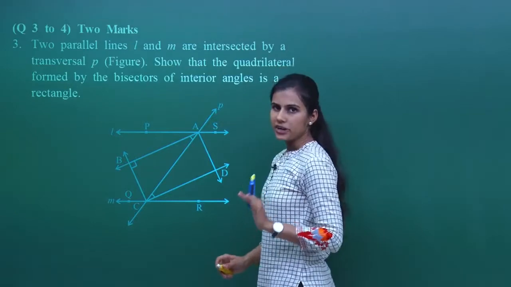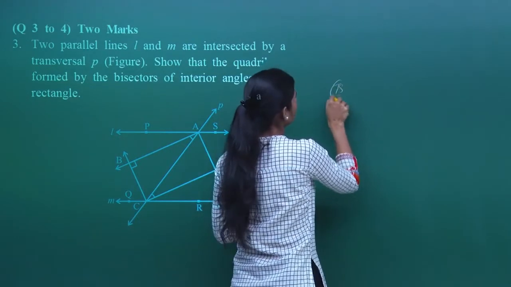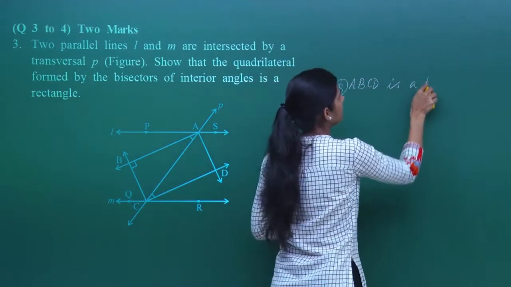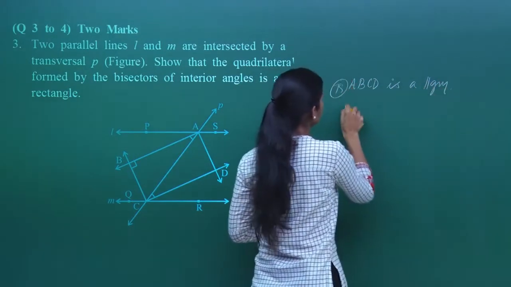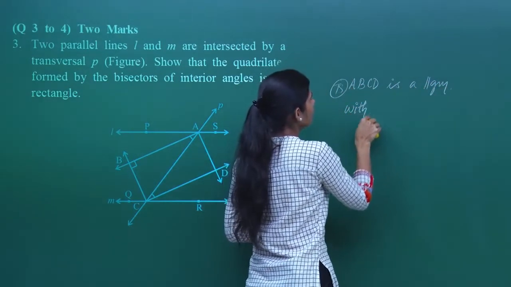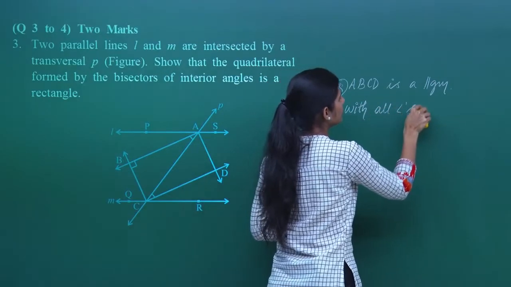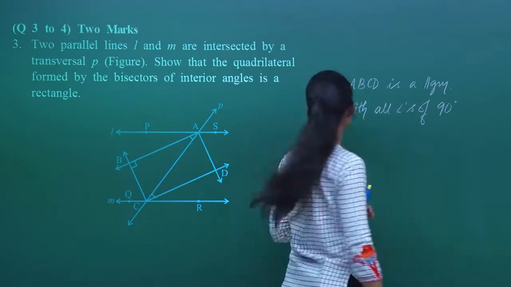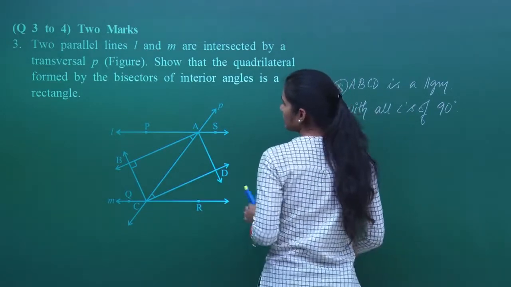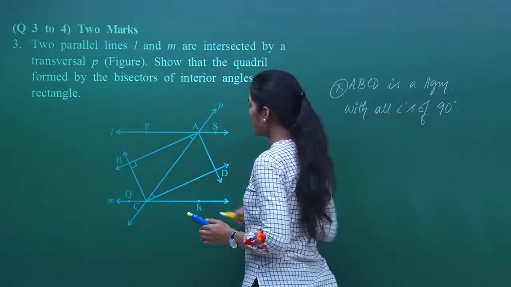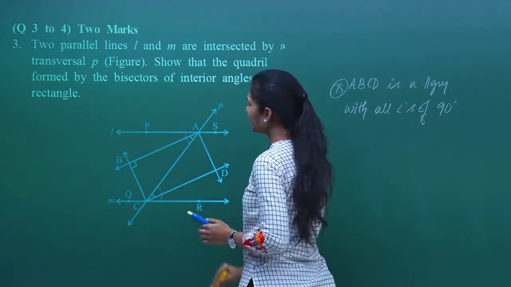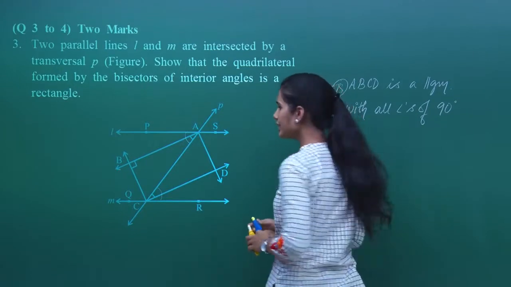What will be a rectangle? I actually have to show that ABCD is a parallelogram with all angles of 90 degrees. This is what a rectangle is. Now see, because L is parallel to M, this complete angle and this complete angle are equal because they are alternate interior angles.